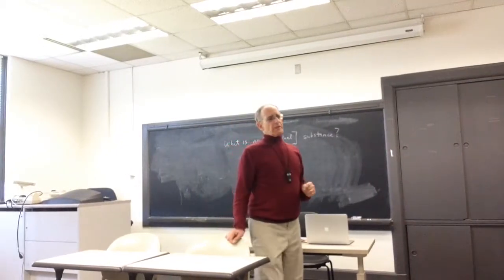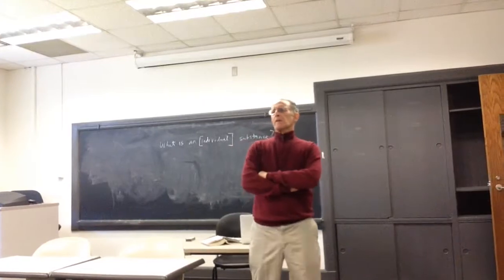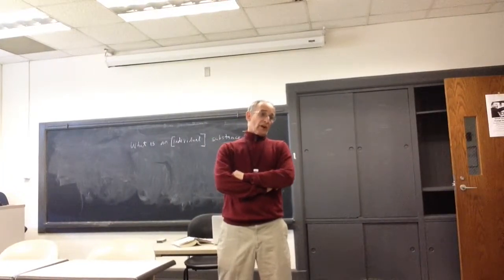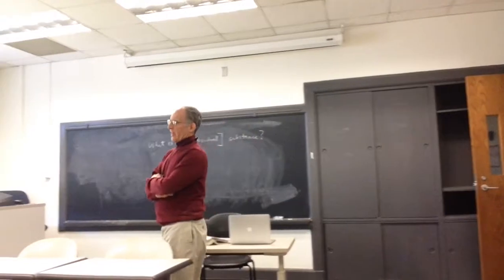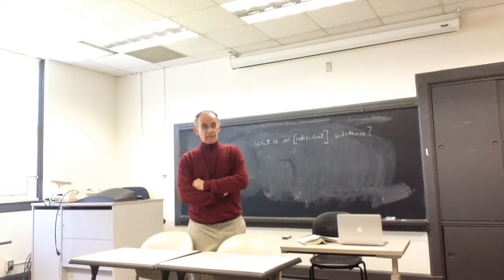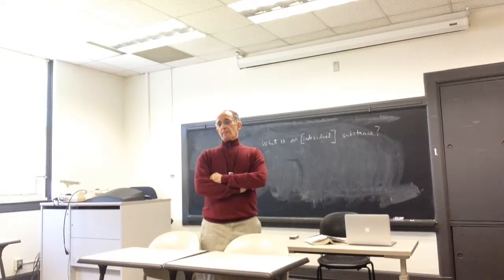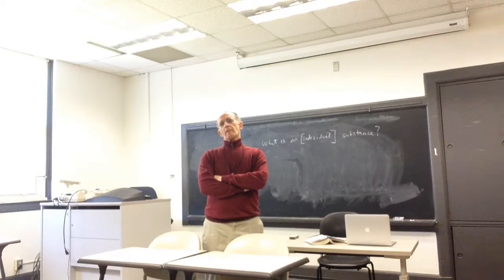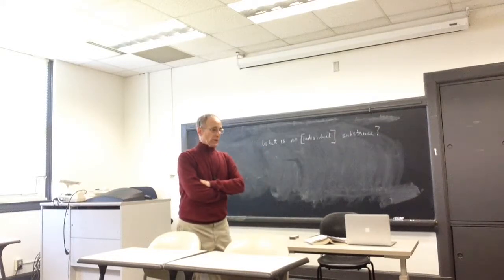A problem with this account, which Aristotle was aware of and addressed, was that qualities could undergo a kind of change. A quality or some other kind of entity. I guess Aristotle's example was a belief or the content of a belief.